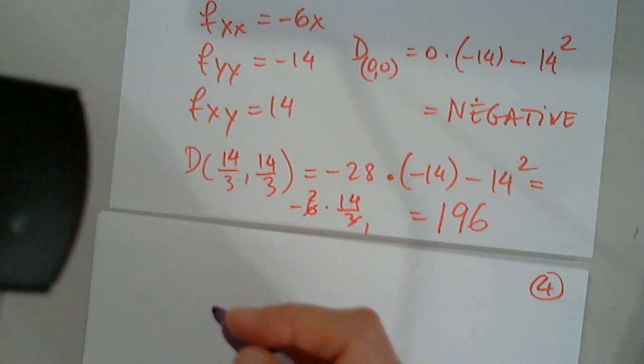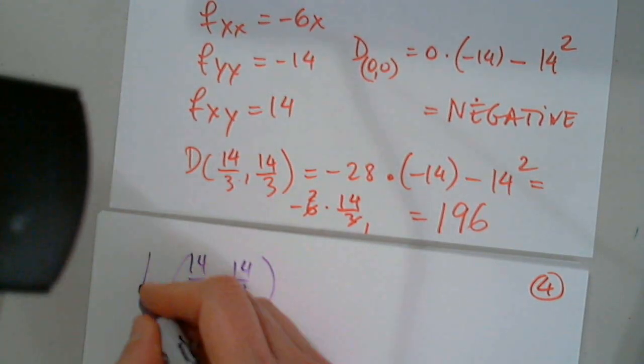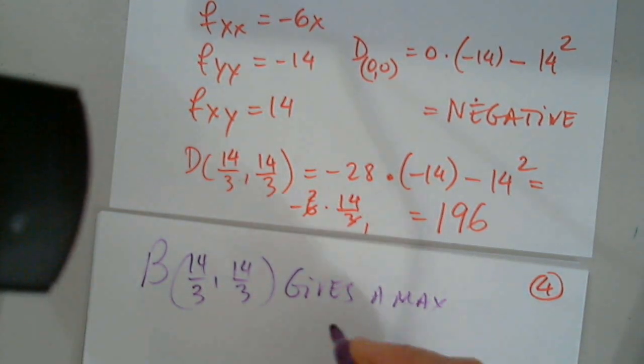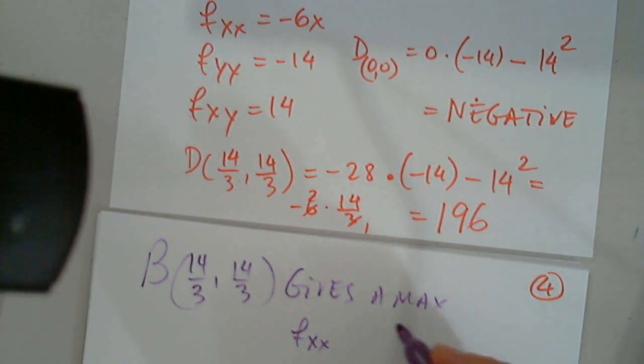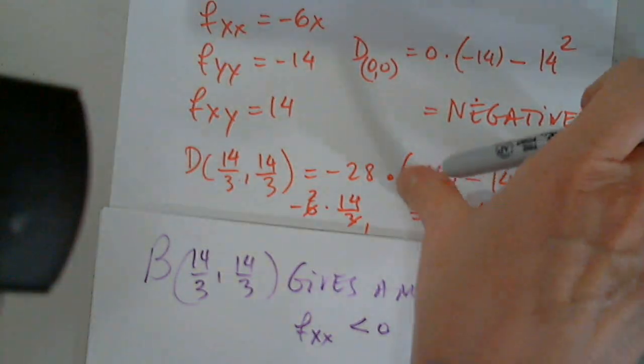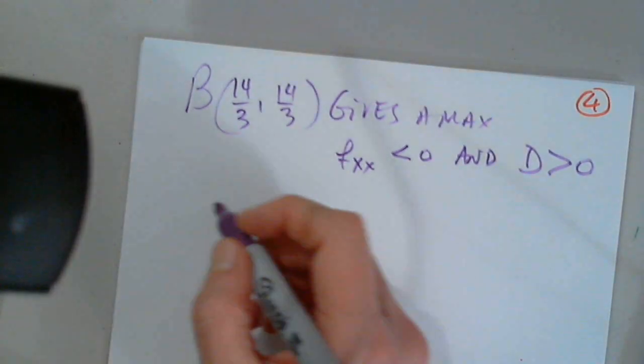So 14 over 3, 14 over 3, point B gives a max since fxx is less than 0 and D is positive. Now finally I can determine the maximum.